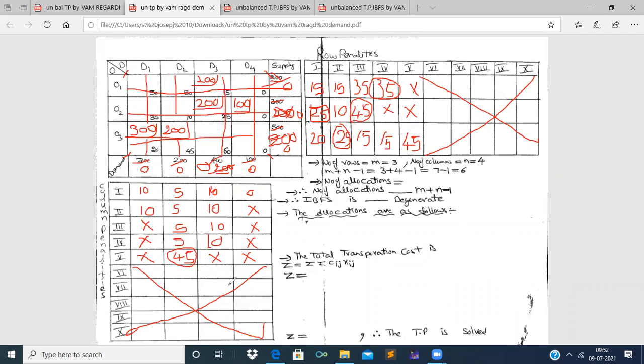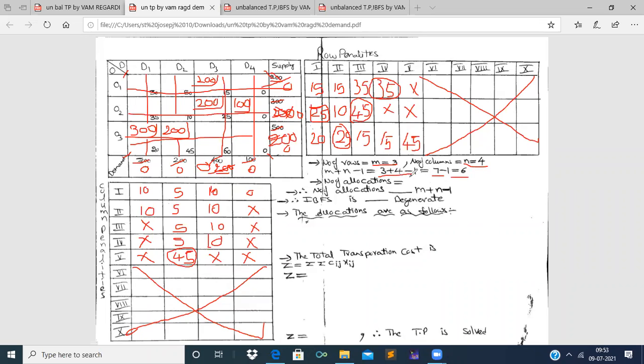Now we can go for finding the initial basic feasible solution. The number of rows m is 3 and the number of columns n is 4. Therefore, m plus n minus 1 is 3 plus 4 minus 1, which is 7 minus 1, which is 6, right?